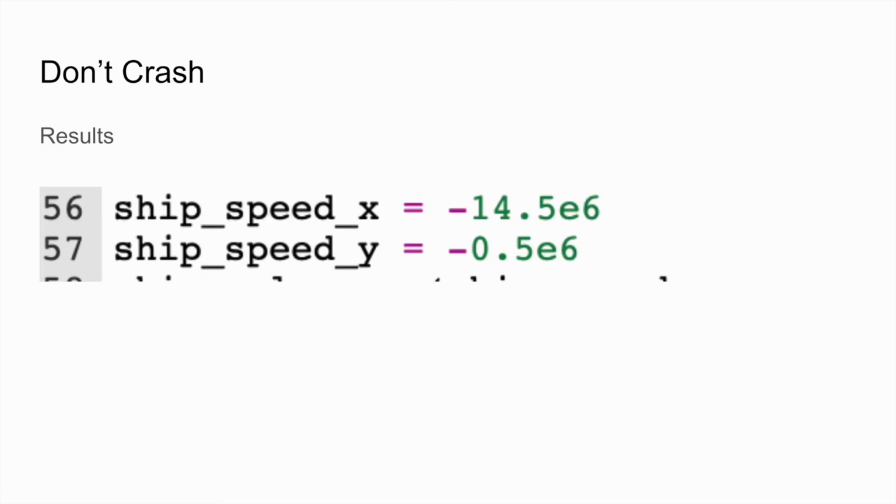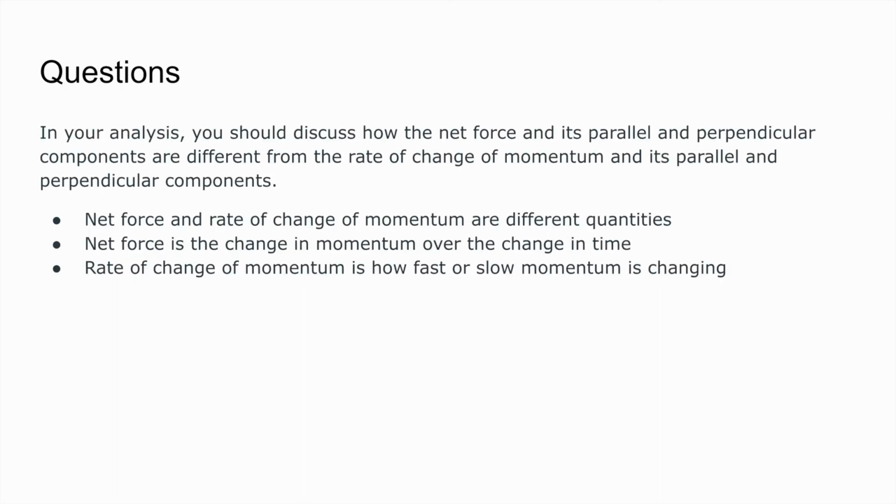So my results found that if the ship's x speed is negative 14.5 times 10 to the 6, and the ship's speed in the y direction is negative 0.5 times 10 to the 6, we will have the ship approach the black hole without crashing.